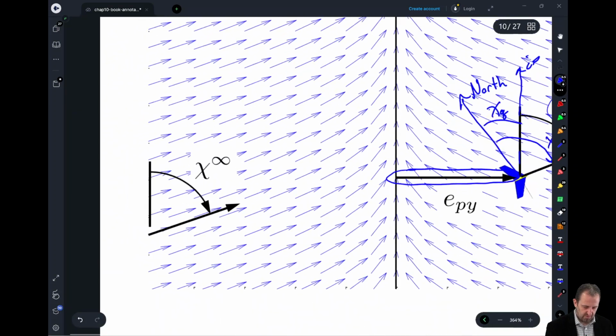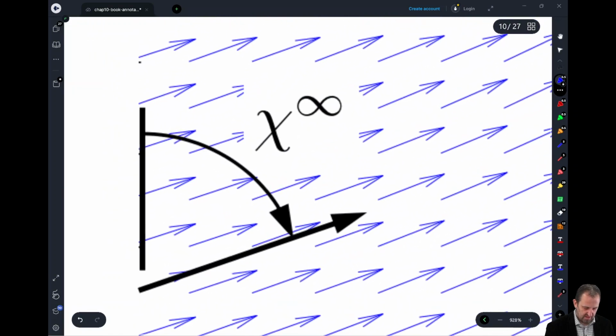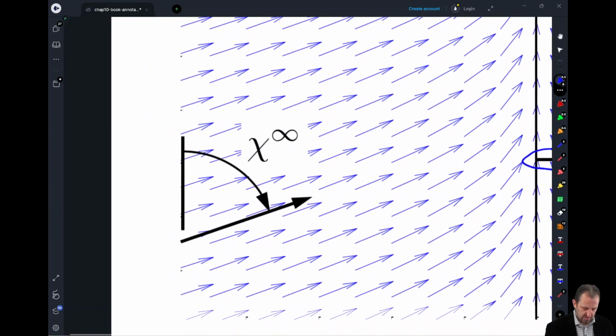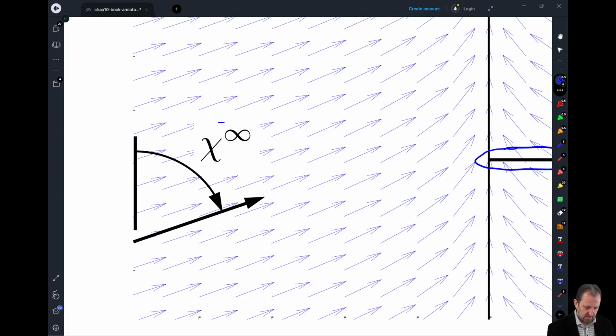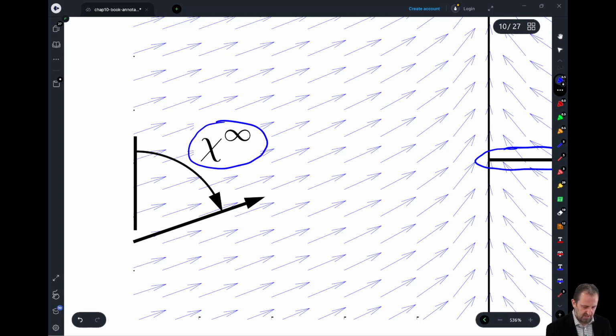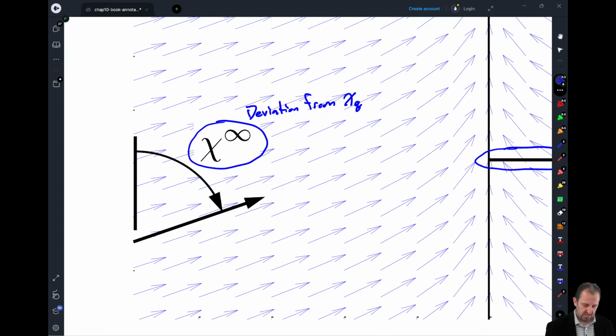Let's think about if we're really far away from the path, right? So here's our path angle. We're going to call this guy χ_∞. This is the angle or the deviation from the line orientation at an infinite distance.